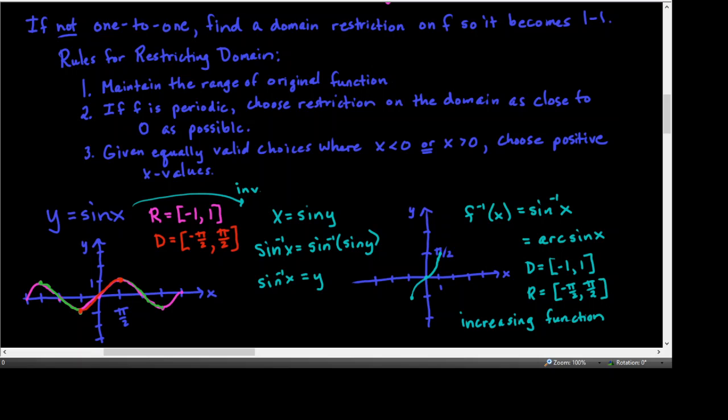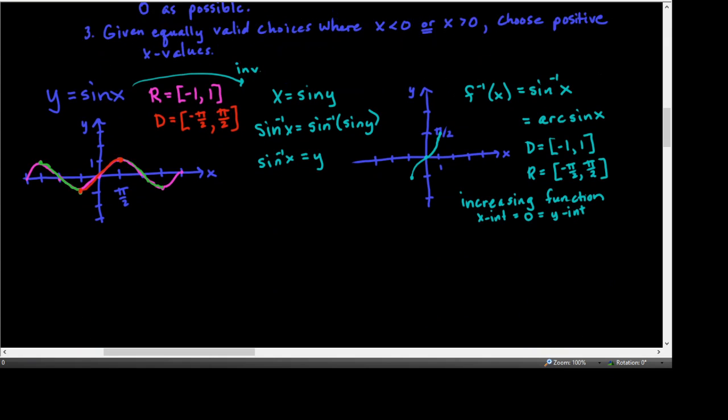And the x-intercept and the y-intercept are both 0, and its graph is symmetric with respect to the origin. So because of its symmetry with respect to the origin, it means it's an odd function.